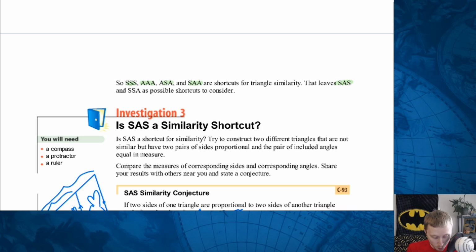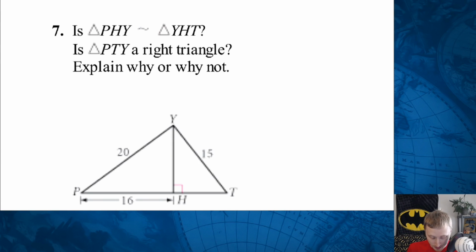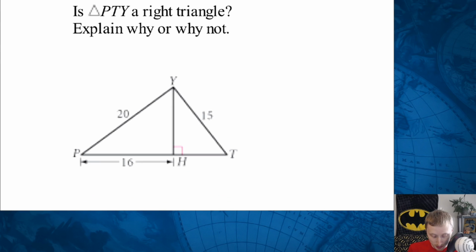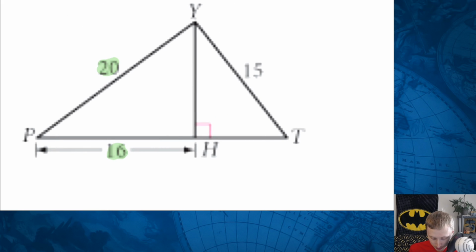So let's look at what information do we actually have in this one. For triangle PHY, we have two sides. And that's almost but not quite it. Do notice that this right angle will require this other angle to also be a right angle.